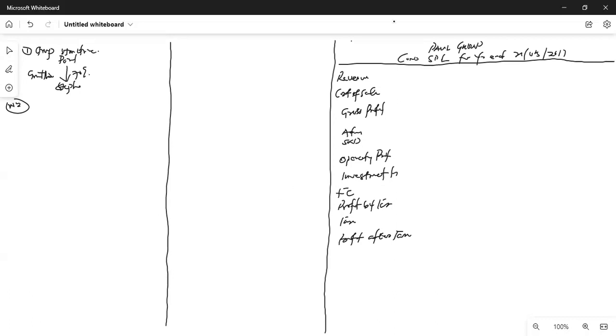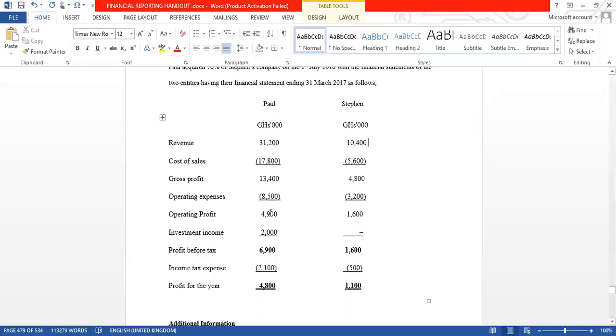So let's come to the question. We'll be picking every figure here for the parent. Nothing will we change over there. Remember, because it is not combined with a SOFP, we may not have retained earnings and stated capital to do that kind of workings that we do.